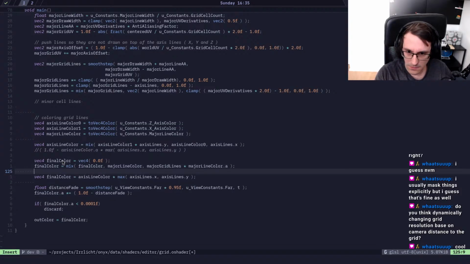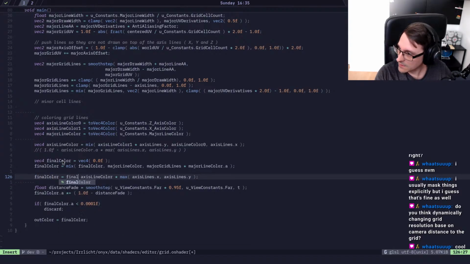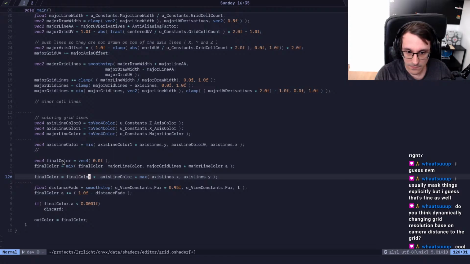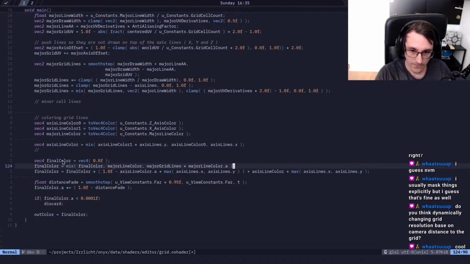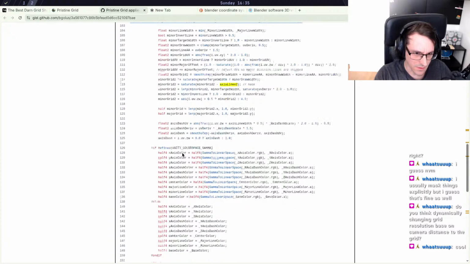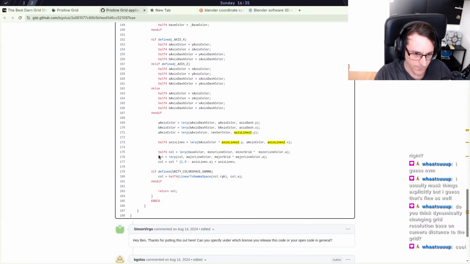And then here we need to change that. That is our thing with our final color. And now we need this part here. And we need to invert the axis line color here. That plus that. I think. That is basically this.